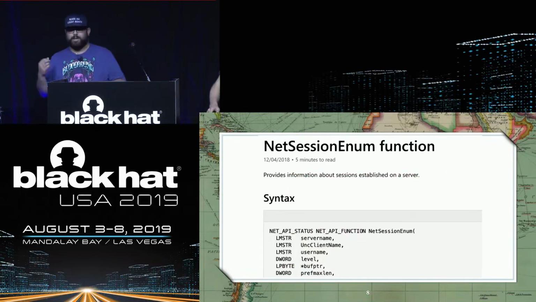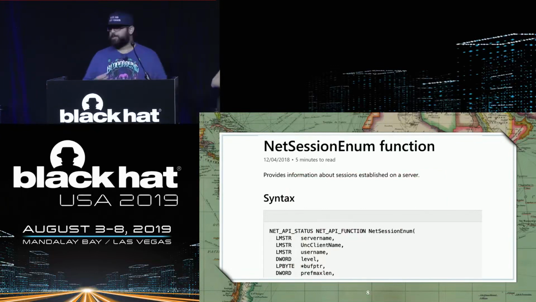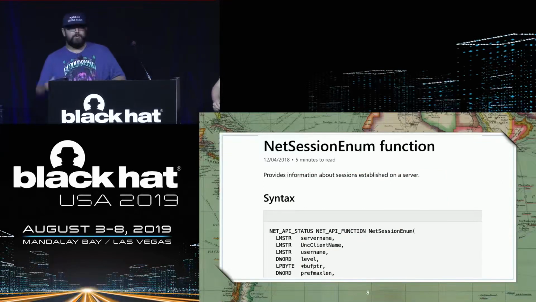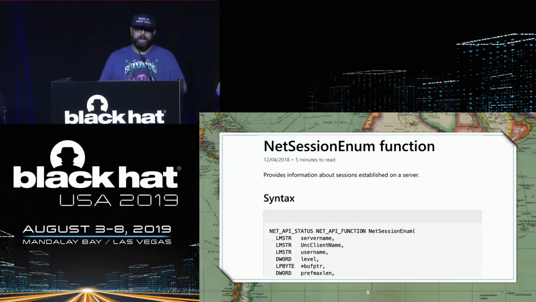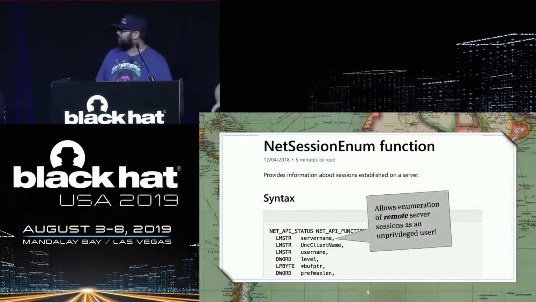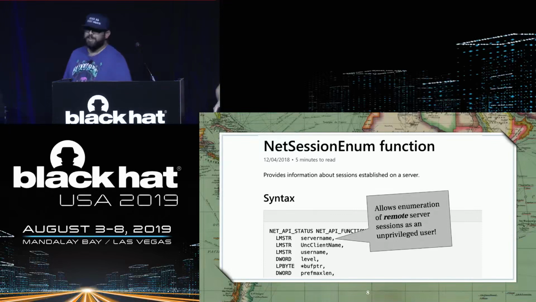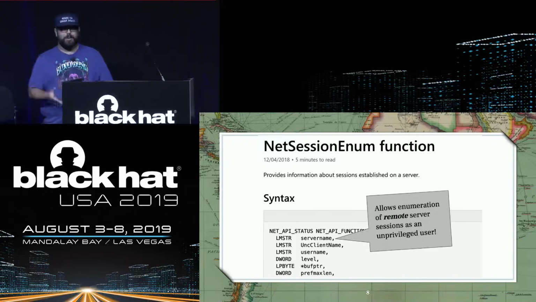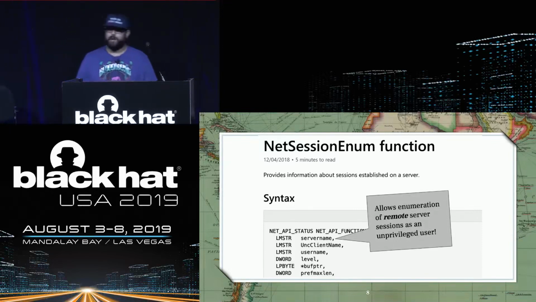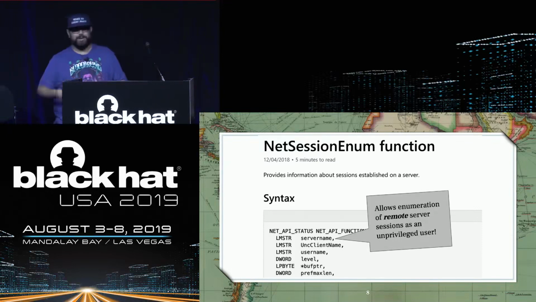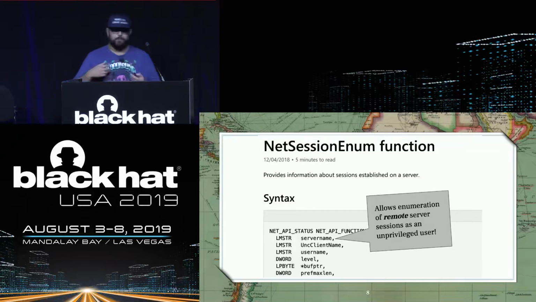Underneath, net sessions just uses the NetSessionEnum API call. What's fun is that the actual API call has a nice little field for the server name. Because the API call is a little more complex than what the net session binary does, by implementing it directly, we could enumerate remote server sessions. So now we have a way to tell who's logged in where.